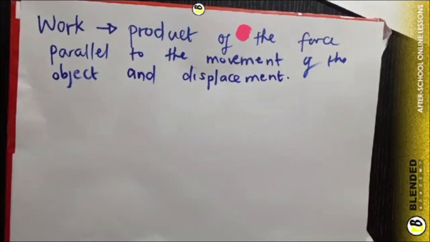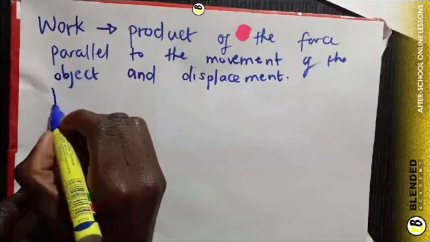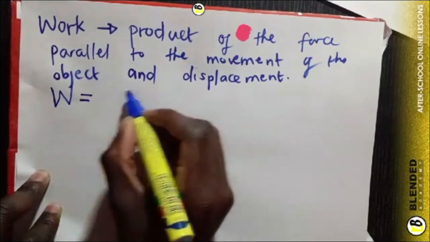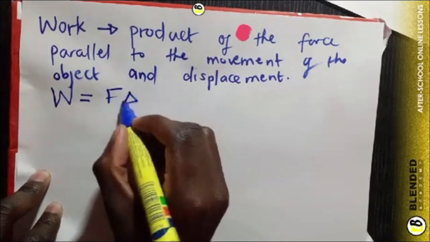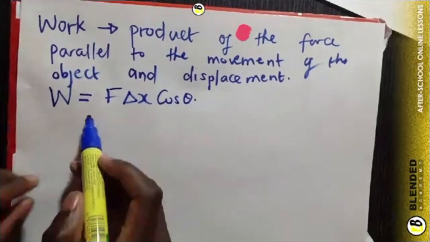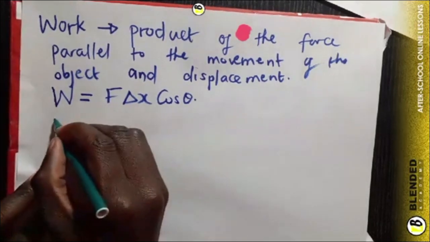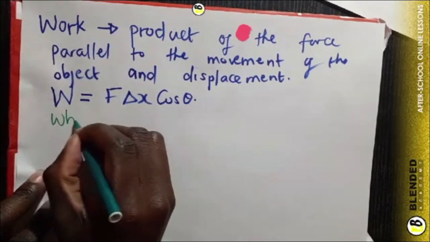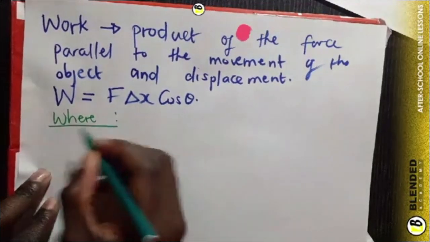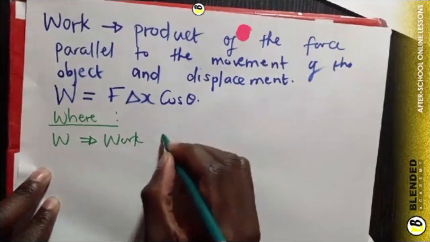All right? So now, representing it in symbols, we're going to have W equals F Δx cos θ. I'm going to explain all these different symbols that we have there, what each of them means. Here, W represents your work in joules.